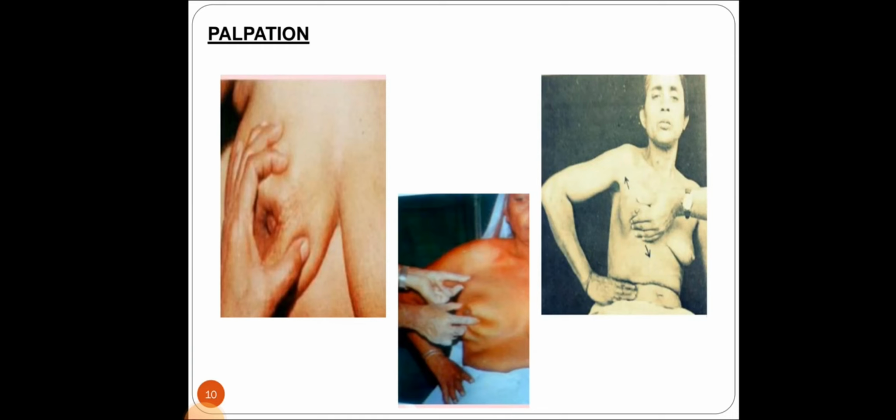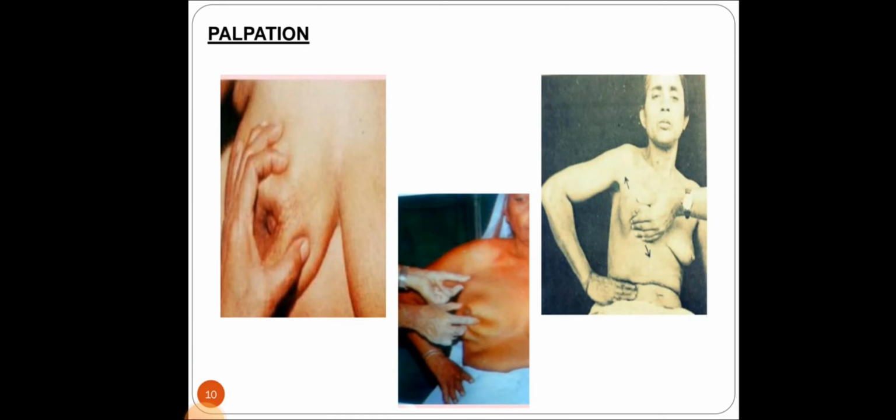Fixity to skin can be tested in different ways. The tumor can be moved side to side or up and down. If the tumor is fixed, there will be tethering of the skin, that is, pulling back of the skin. While moving it, if it is fixed, there will be dimpling or tethering of the skin.